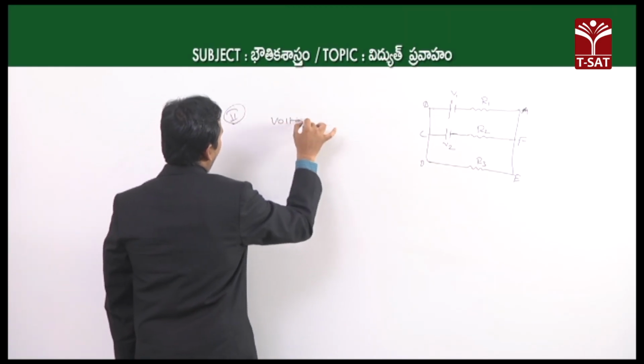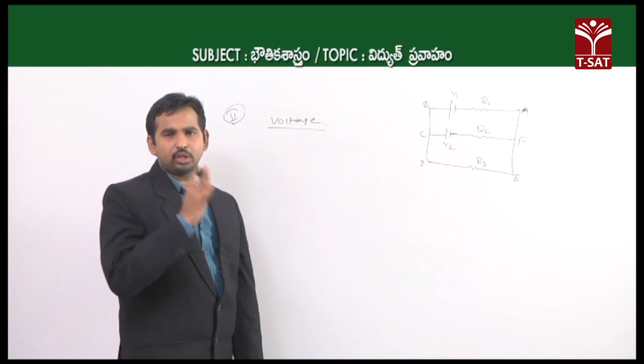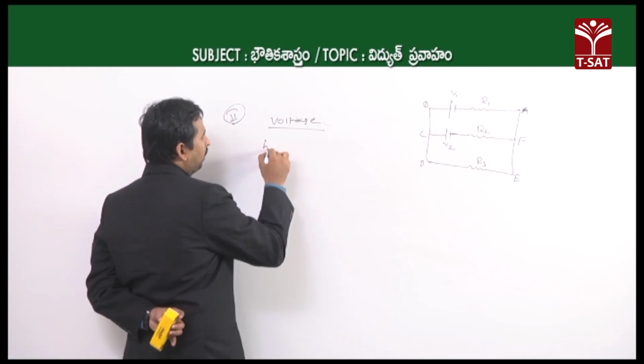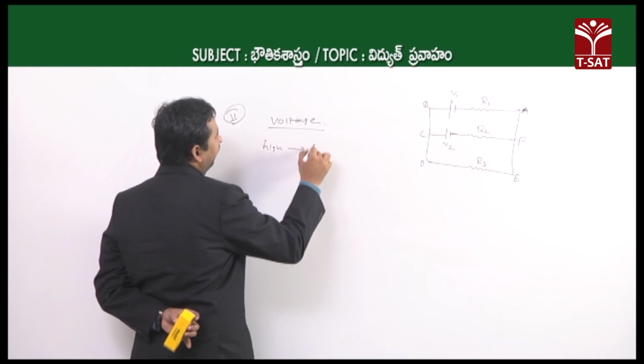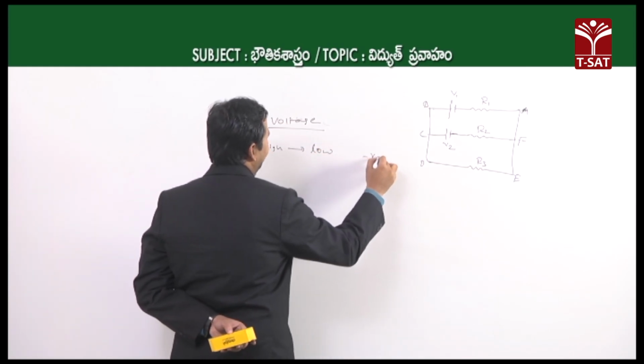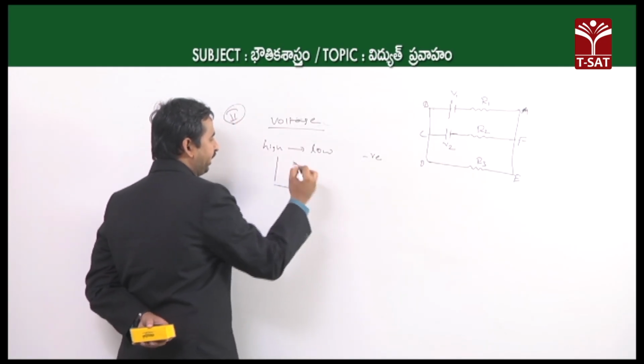In case of voltage, how to take that is, if you are going in the direction of current, and that too if you are passing from high potential to low potential, high to low, then in this case we have to take that as negative. High to low means you are going from positive terminal to a negative terminal.